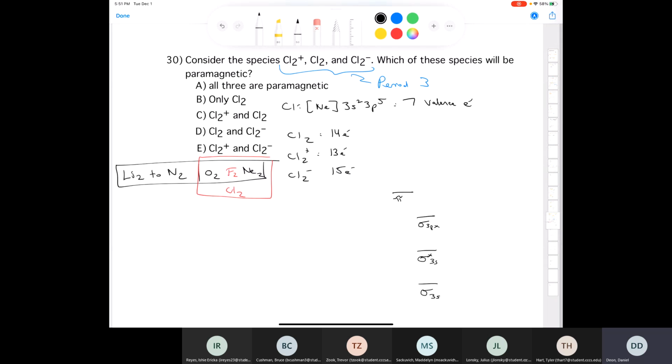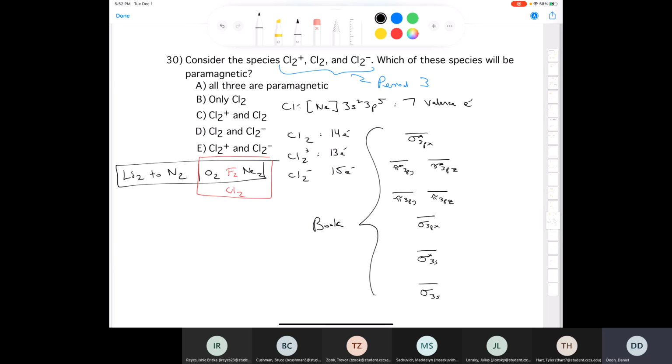We're going to have a pi 3py, a pi 3pz, a pi star 3py, a pi star, remember the stars are anti-bonding, 3pz, and then a sigma star 3px. This is the way the book does it. Okay, this is the way our textbook does it. Now you'll notice that on my handout, it's a little different. Okay, you can see the labeling of the orbitals is a tiny bit different, but they're in the exact same order.